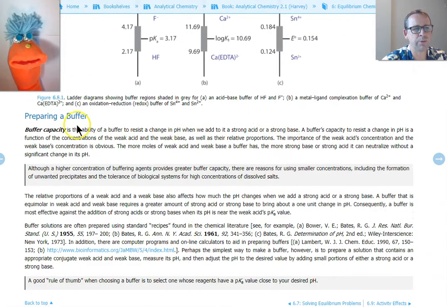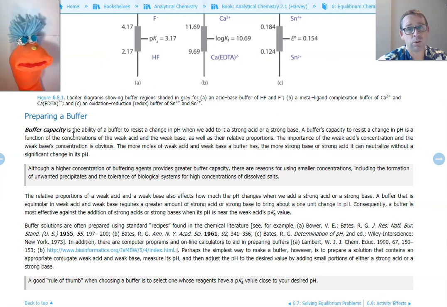Now, let's talk briefly about buffer capacity. This is the ability to prevent a significant change in pH due to the amount of acid or base that we add.